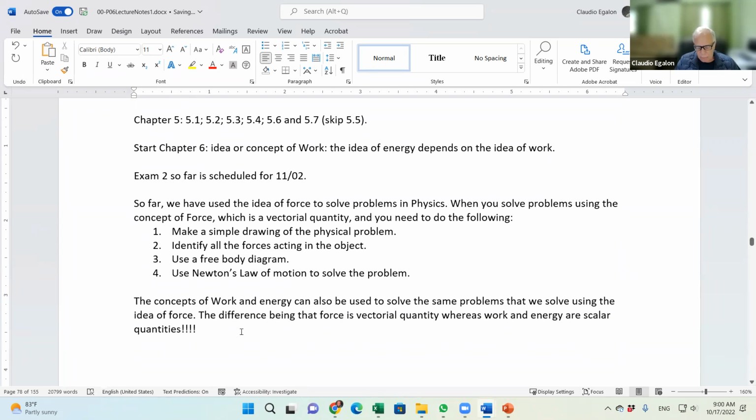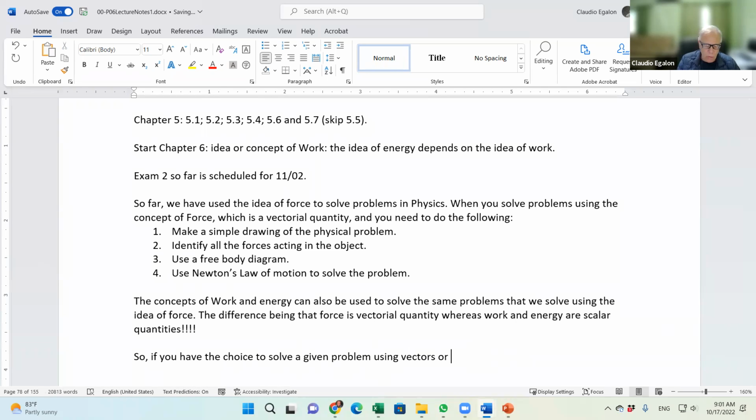So now you have to ask yourselves, if you have the choice to solve a given problem using vectors, right?